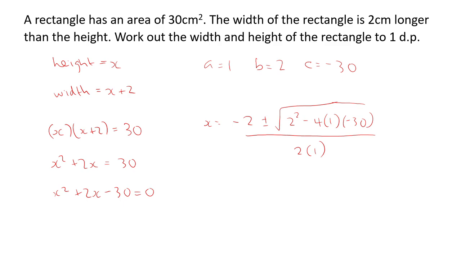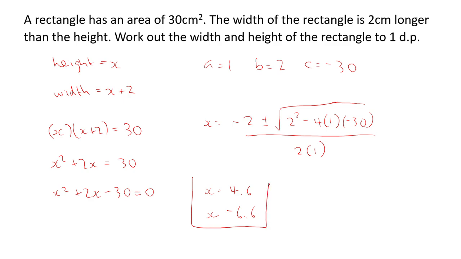So when you add on this square root, we get our first solution, x equals 4.6, to 1 decimal place. And our second solution, when you subtract, you'll get x equals negative 6.6.